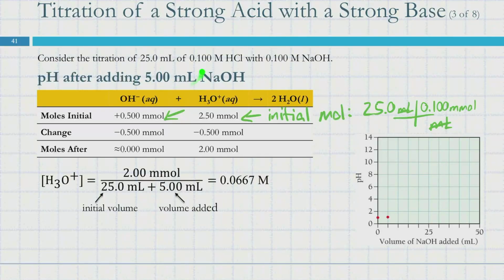And we've added 5 milliliters of our sodium hydroxide. So our initial amount of hydroxide, the amount that we're adding in, is 5 milliliters times 0.100 millimoles per milliliter. So the milliliters cancel.